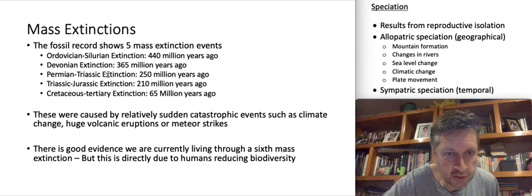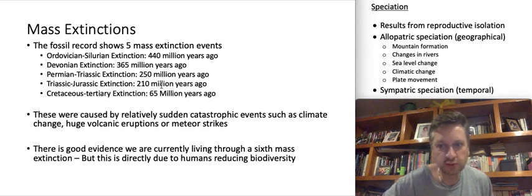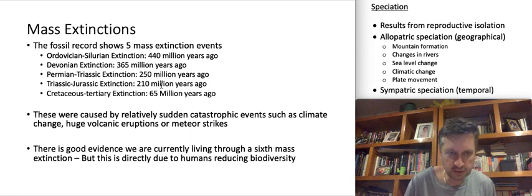Number 3 is the Permian Triassic extinction, 250 million years ago. This is the start of the age of the dinosaurs. This is probably the greatest extinction event of Earth's history. At that time, 95% of all marine species are thought to have died, and up to 70% of terrestrial species.